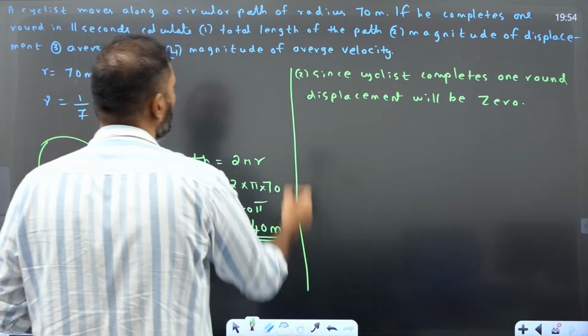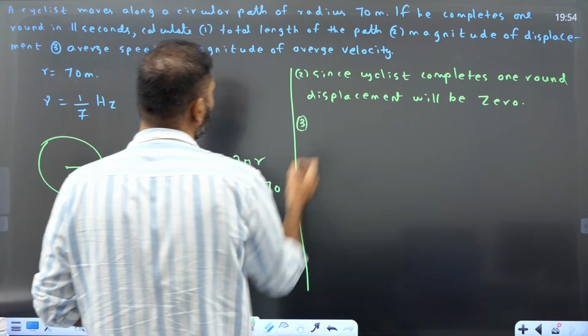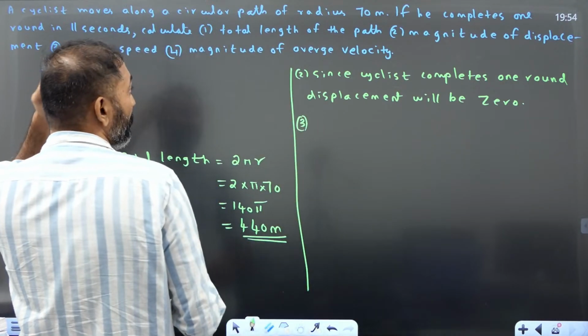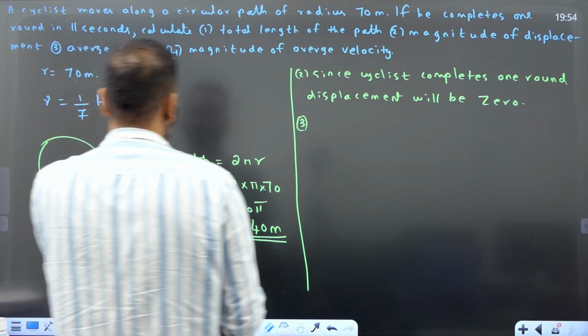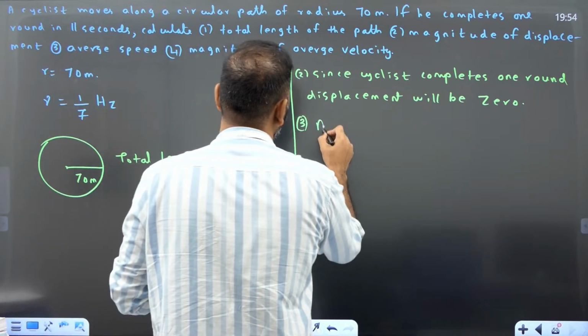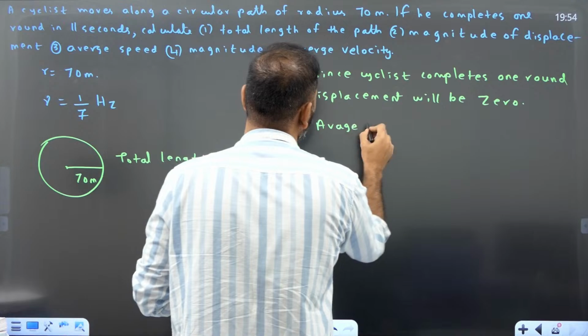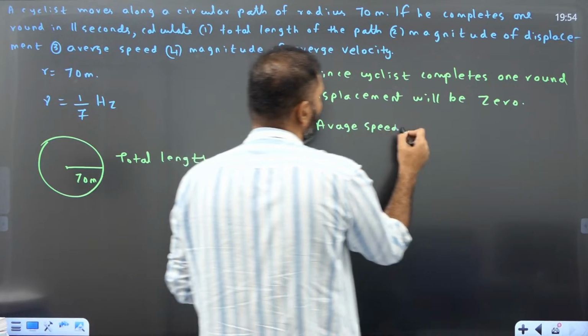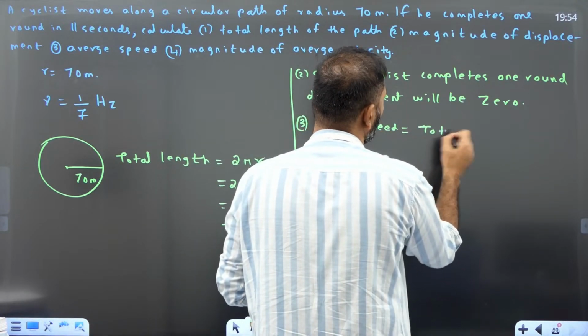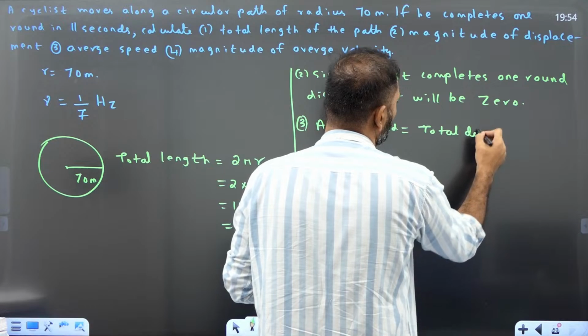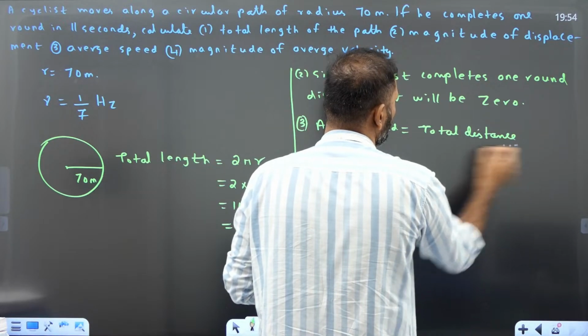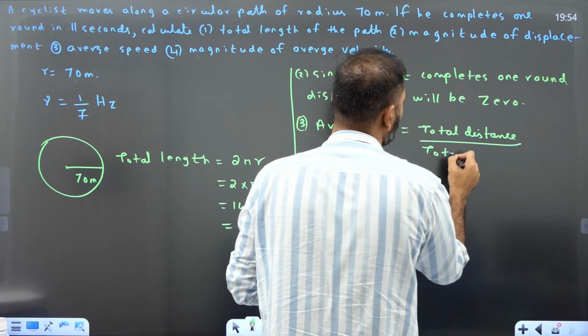Average speed. Average speed is equal to total distance by total time. What is the total distance covered by him?